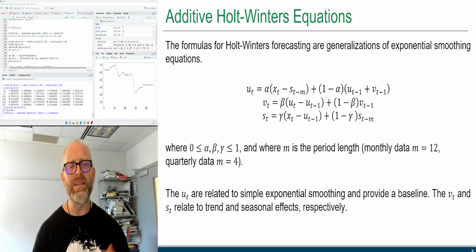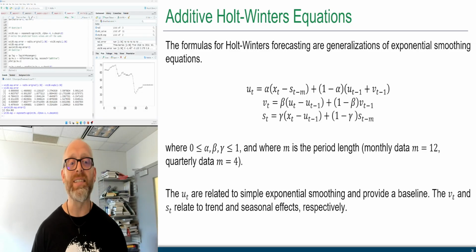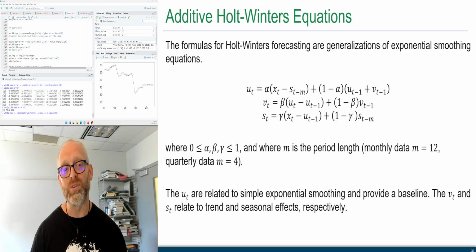Now, there are going to be times where we might have a model that has trend but does not have seasonality. For seasonality, I need to see repetitions happen within a year's period of time. If I have just yearly data, I'm not going to see a seasonal aspect of things, so I can't have a seasonal component to it. It may have a trend, but not a seasonal component. So if I want to use this, I can set the gamma equal to false or null or something along those lines.